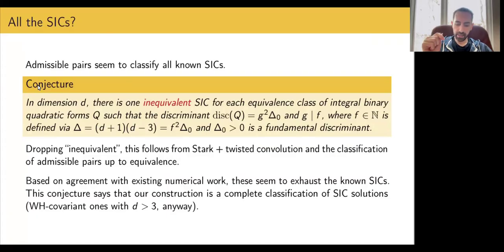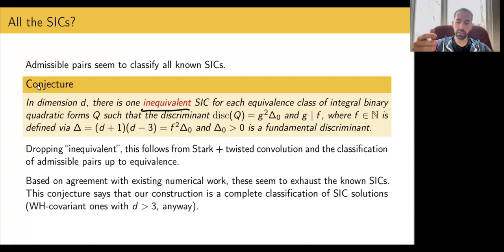Going back to something I said earlier, we have this classification of ghosts and SICs. It seems that these admissible pairs, up to admissible pair equivalence, are exactly the set of all SICs. We can't quite prove that, so we have to conjecture it.